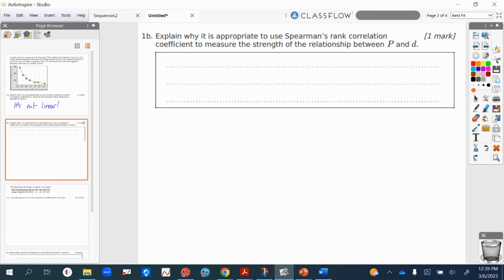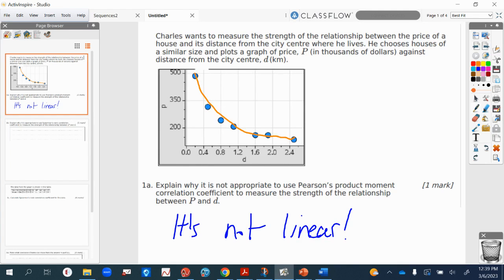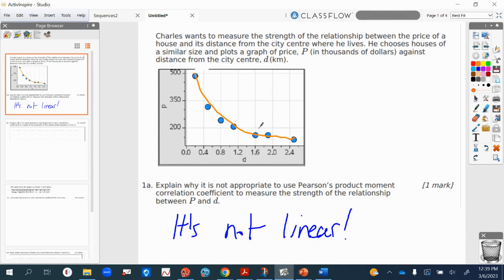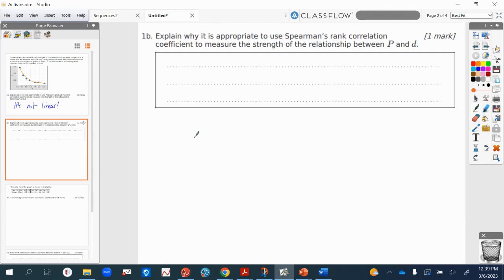Then I explain why it's appropriate to use Spearman's rank correlation coefficient, because we can use Spearman's rank with monotonic relationships. So monotonic is like this one here. For example, if I had a curve like that, this would not be monotonic because it goes from being decreasing here to increasing there.